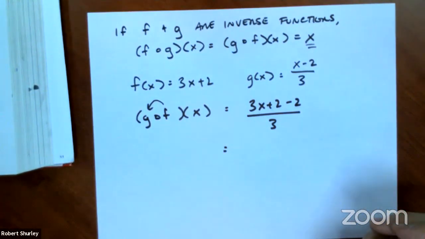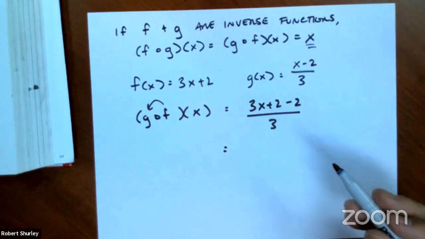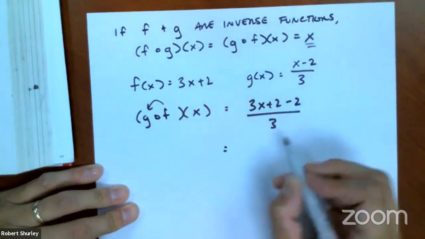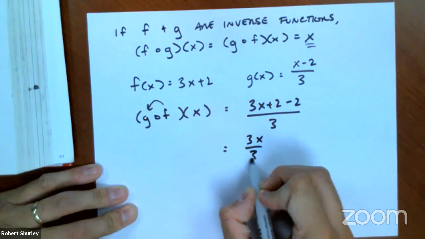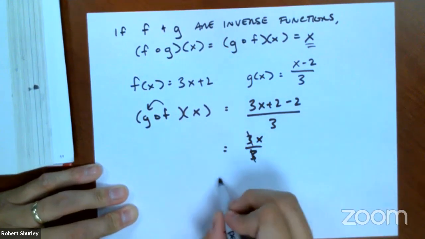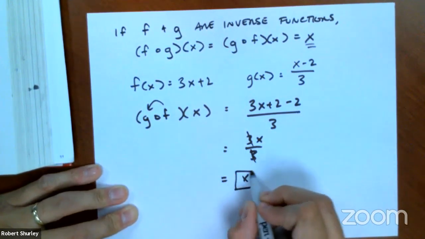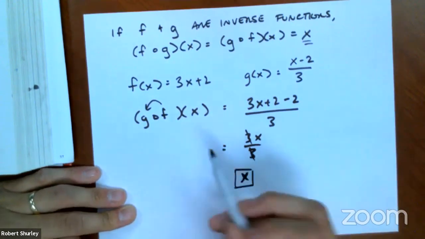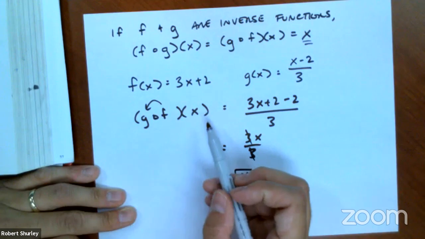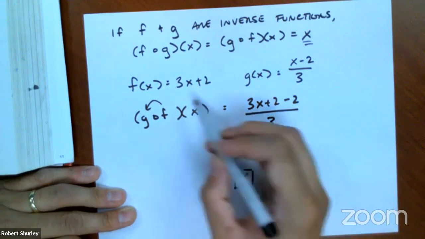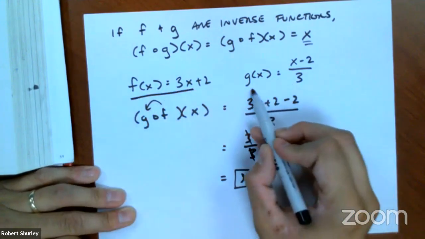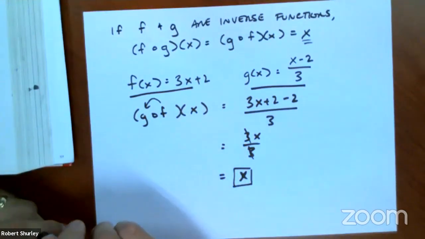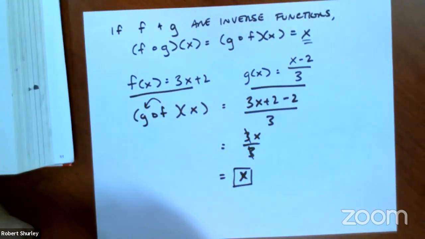If we do this correctly, stuff just starts canceling. 2 minus 2 is 0, so you get 3x over 3. The 3's cancel, and that leaves you with just x. Because I took the composition and wound up with x, that means f and g are inverses. I've shown that.